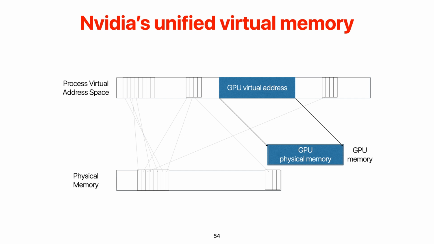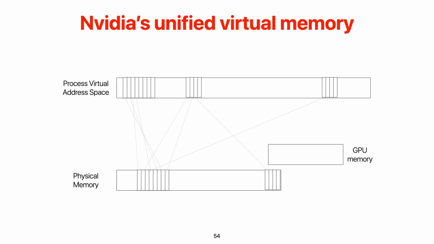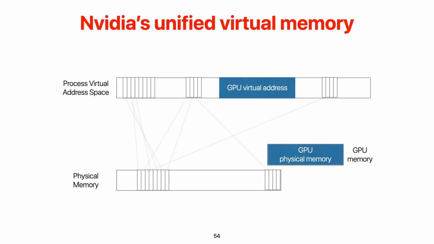There is a map between the virtual address space and the physical memory address of the GPU, and they are all consecutive. So on your GPU, there's no need for a user to use a page table to translate the virtual address to a physical address. All you need to do is to know where the base address is mapped to, and just calculate the offset, and you are done.